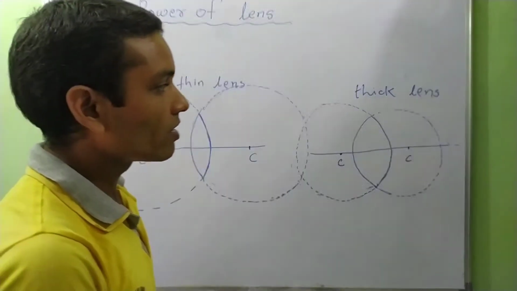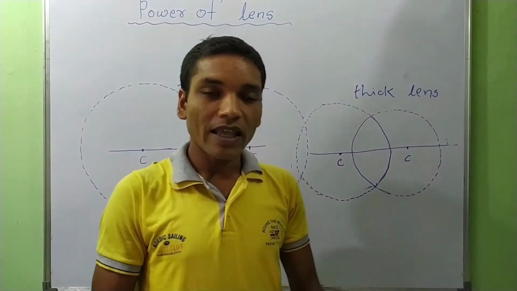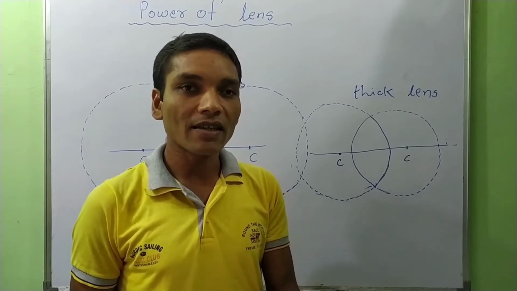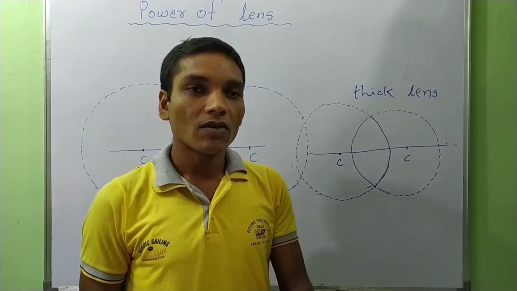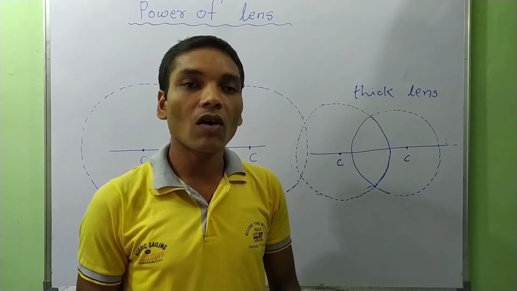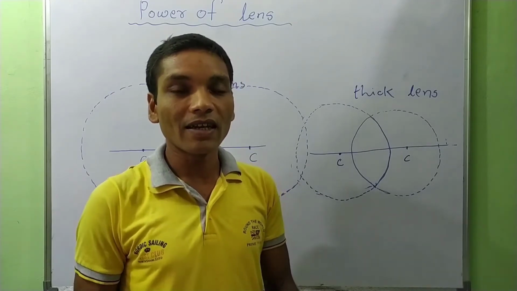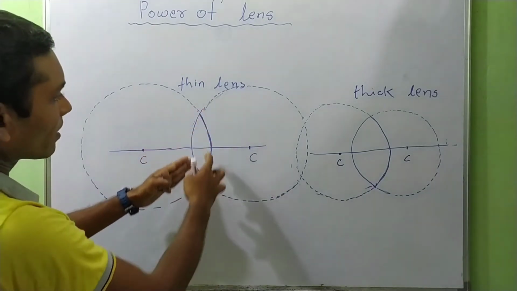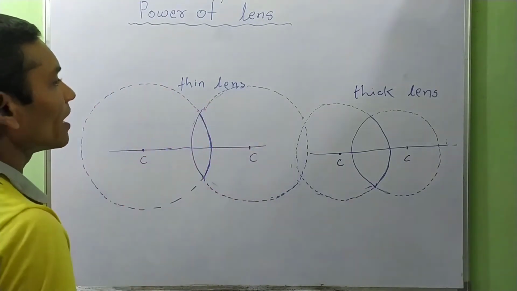So you have to remember here that for the same size of two lenses, the curvature of the surfaces of thick lenses is greater than the curvature of the surfaces of the thin lenses.